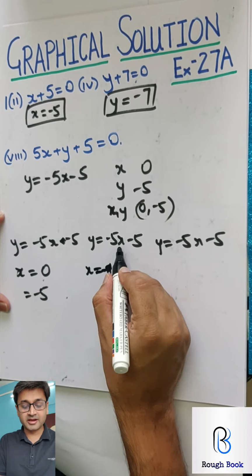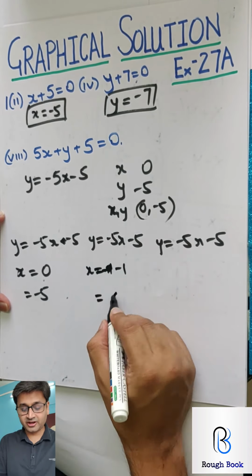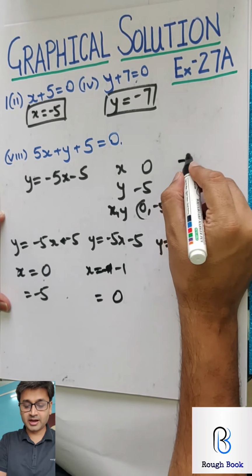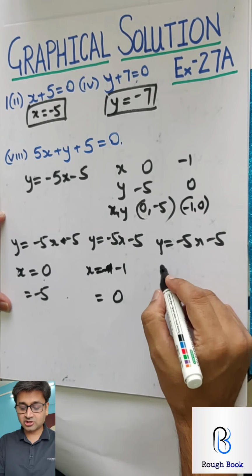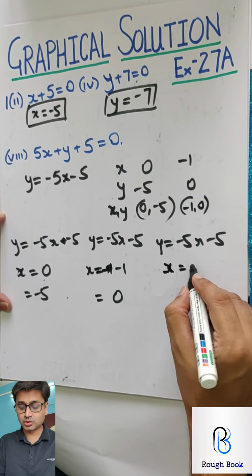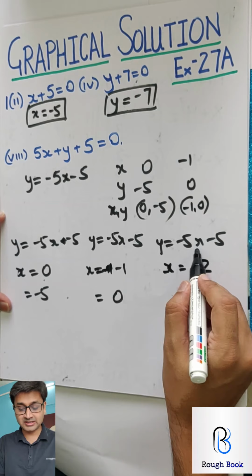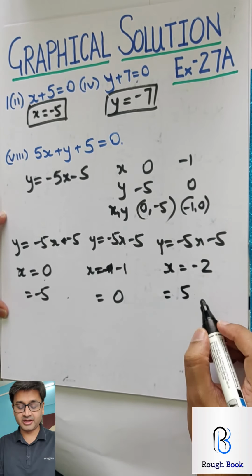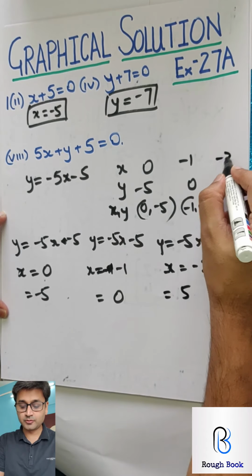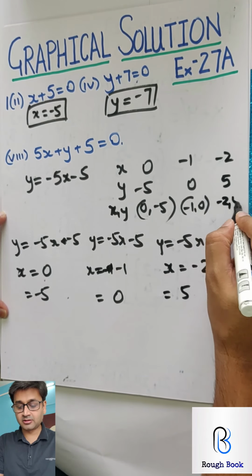If I assume it as minus 1, it becomes plus 5 minus 5, 0. So minus 1, 0 becomes my second point, correct? And last one, now I am assuming it as minus 2. So it becomes plus 10 minus 5 will give me plus 5, correct? So this is going to be minus 2, 5 as my third point.